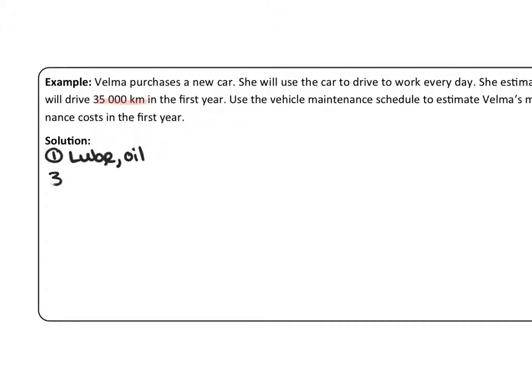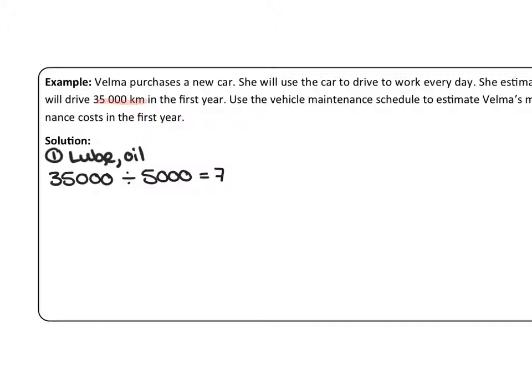So the one thing I like to do is take our total distance driven and divide it by how often we're supposed to do it, which is every 5,000. And for this one, we get 7. So that means she should, in the course of the year, go for 7 lube, oil, filter services.